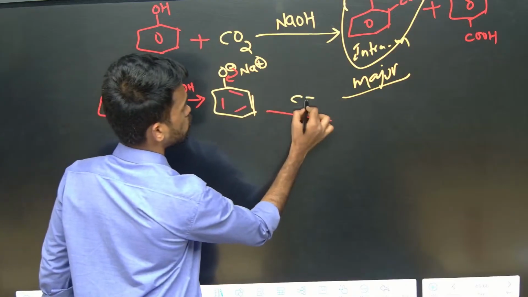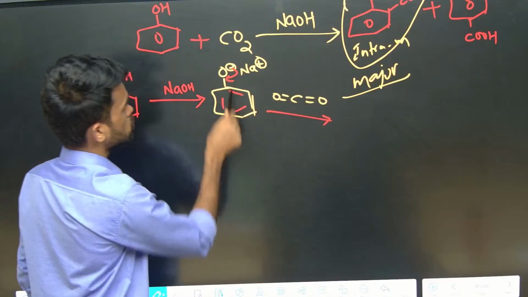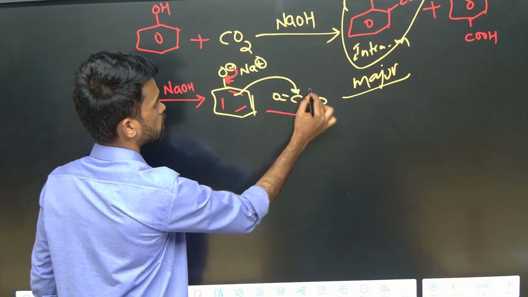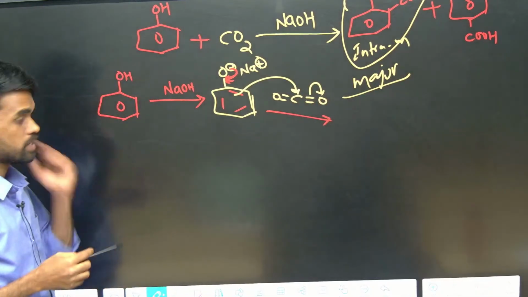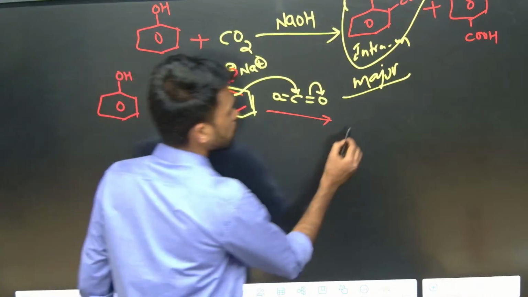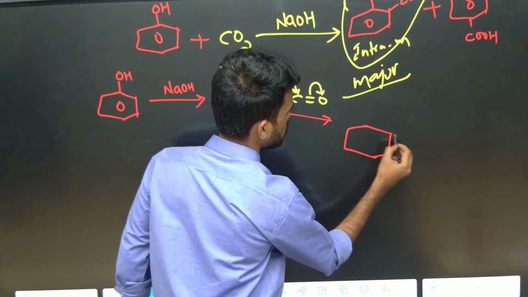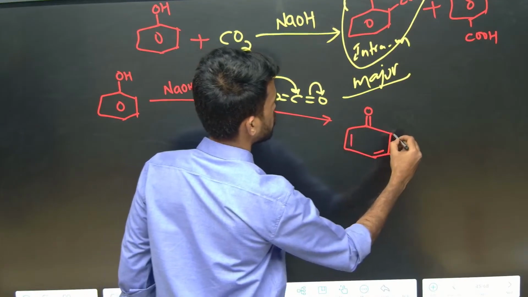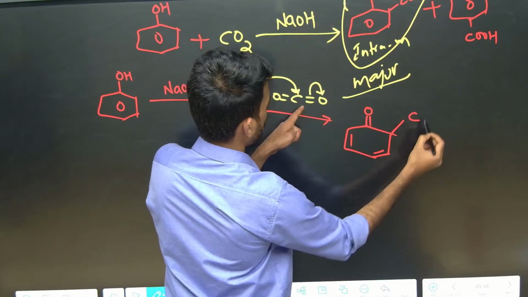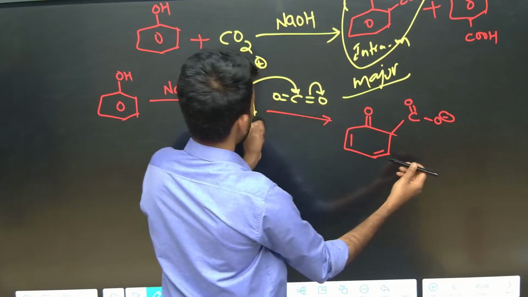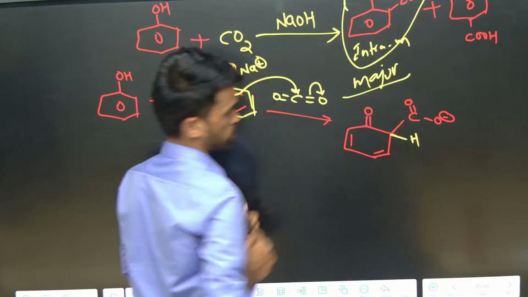Here CO2 is there. The pi electrons shift and attack, because the carbon in carbon dioxide is electrophilic. To this carbon I am adding, there is one double bond O, one O minus, and one hydrogen here.